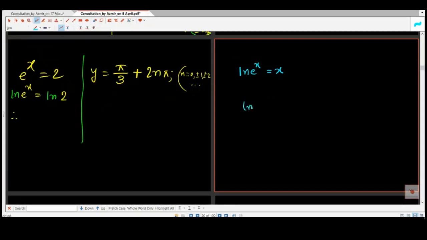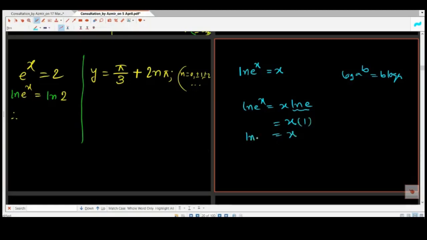We know that if we have log a power b, then we can write b log a. Natural log of e is 1. So x times 1, that is x.